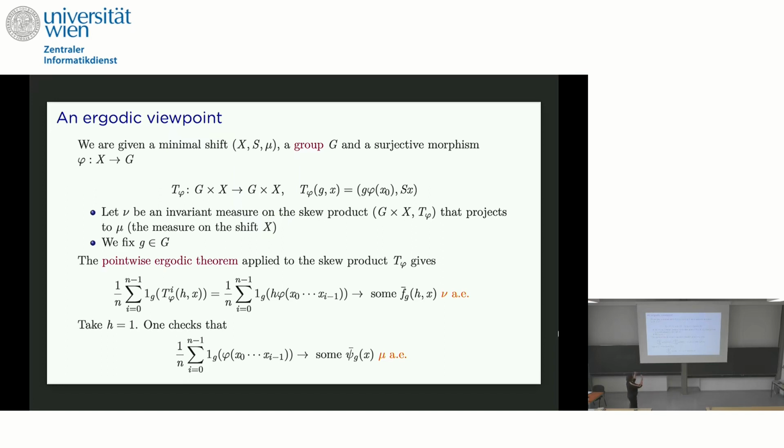So here, start with element 1 of my group. So I forget about my H element, which is here, and replace it by 1. And then the fact that we work in a group allows us to make some easy manipulation that tells us that now we can go from a result that is true for the global structure to one that holds for the shift, which is in fact what we are interested in. The measures on the whole group might not project well.